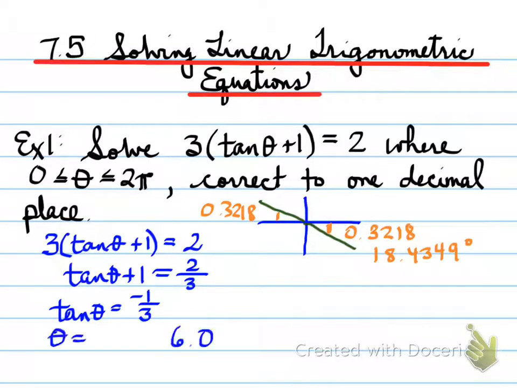Bottom line is, these are the radians that you're going to find because the question says find the value of theta between 0 and 2 pi. So that means these are our 2 radian measures of tan theta equals negative 1 over 3 for this quadrant and for this quadrant. All right, let's move forward.